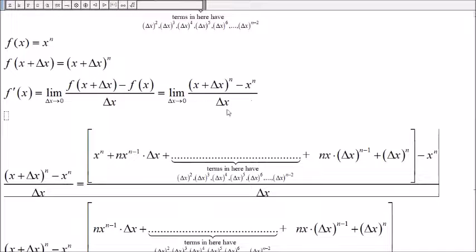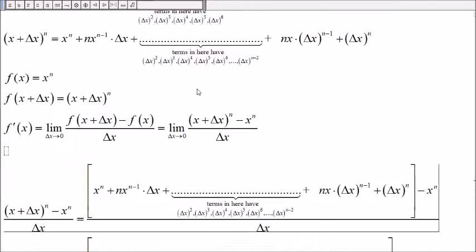And so let's find this part. So this is x plus delta x to the n minus x to the n, dividing by delta x. We've just expanded the expression x plus delta x to the n, which is this.